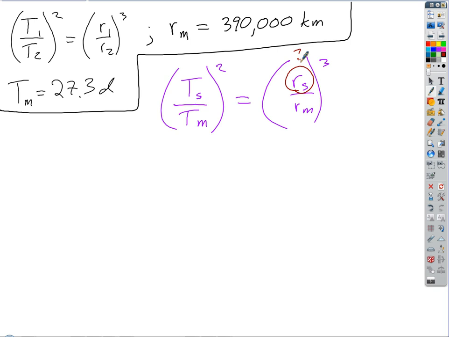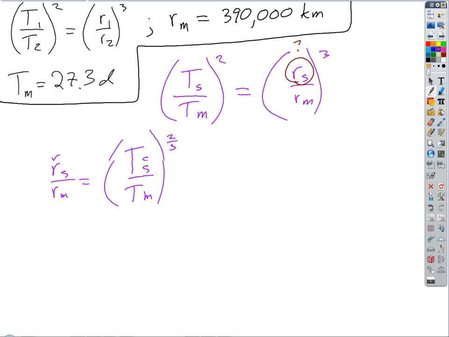First, I've got to cube root, don't I? Because I've got to get rid of that power. So the first step would be, let's flip these around. I'm going to get R sub S over R sub M equals the quantity T sub S over T sub M to what power? 2/3. Because a cube root is just a 1/3 power, right?